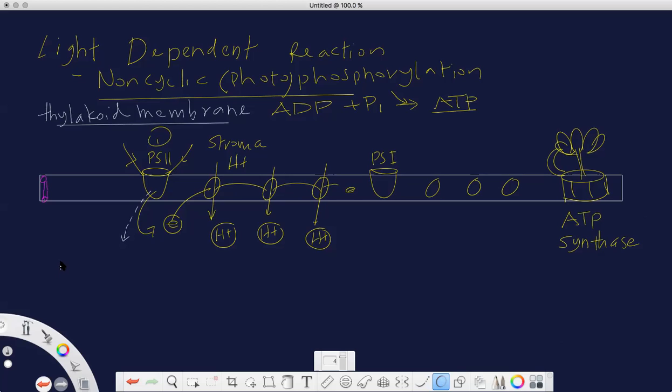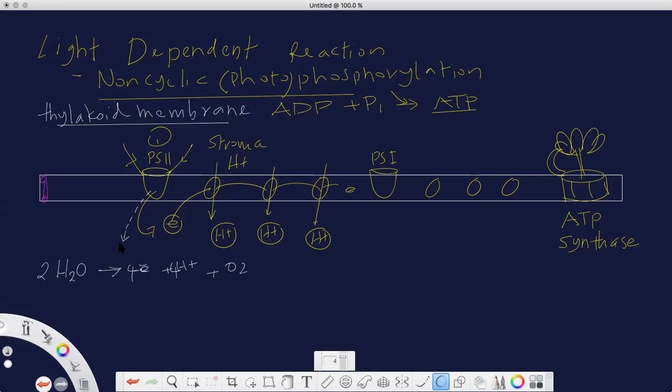And then another reaction takes place. In this reaction, water molecules split into electrons, hydrogen ions, and oxygen. So two water molecules are important for this one. Two water molecules split to form one molecule of oxygen, and electrons and protons, or hydrogen ions.